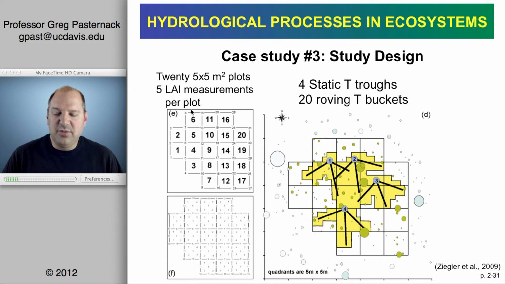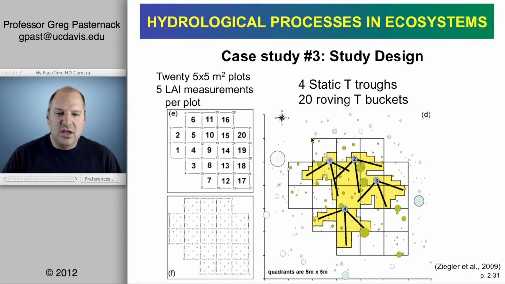For each of these plots, they made leaf area index measurements. Those LAI measurements were made as shown in this plot labeled as F. You see how there are 5 in a staggered grid, 1, 2, 3, 4, 5. And so there were 5 measurements made. This is like a staggered uniform distribution. So not randomly, but to balance the measurements throughout the canopy. So that's the distribution of leaf area index measurements.